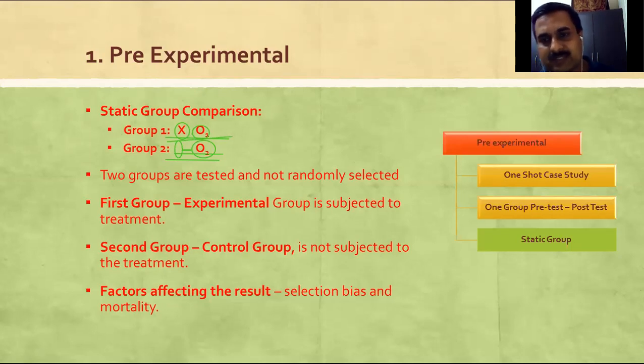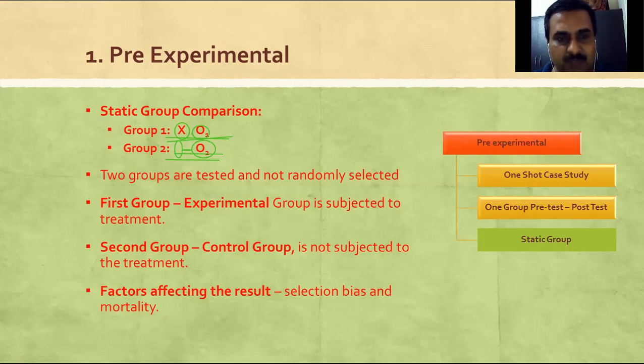Pre-test and post-test was there, and in static group, no exposure is given to the second group and the first one is given exposure, and we are going to measure the difference between O2 and O2 and O1, and this is going to tell us the impact of this exposure, and this is going to be considered as a static group.